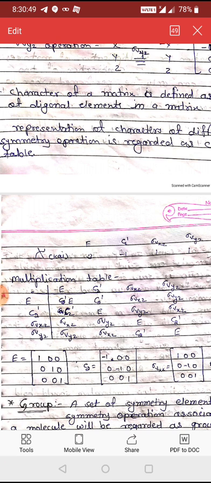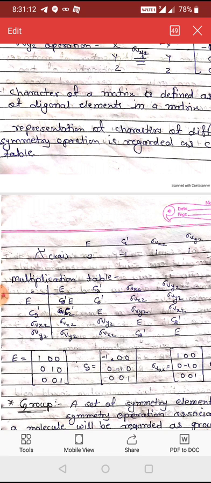Now, after doing the C21 operation, if we apply the sigma xz operation, what will result?